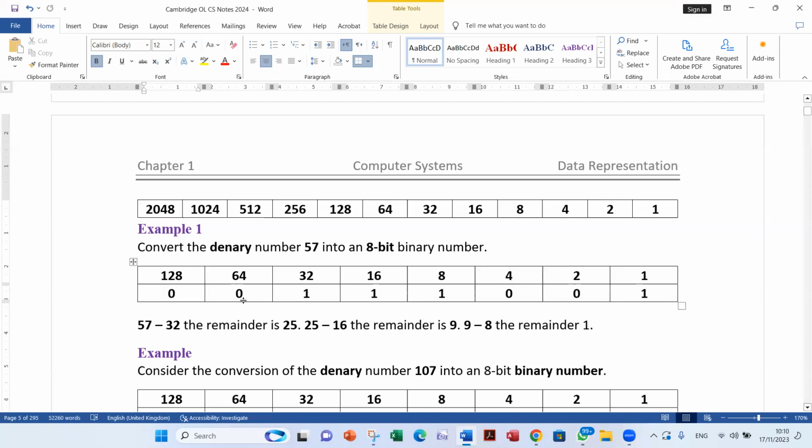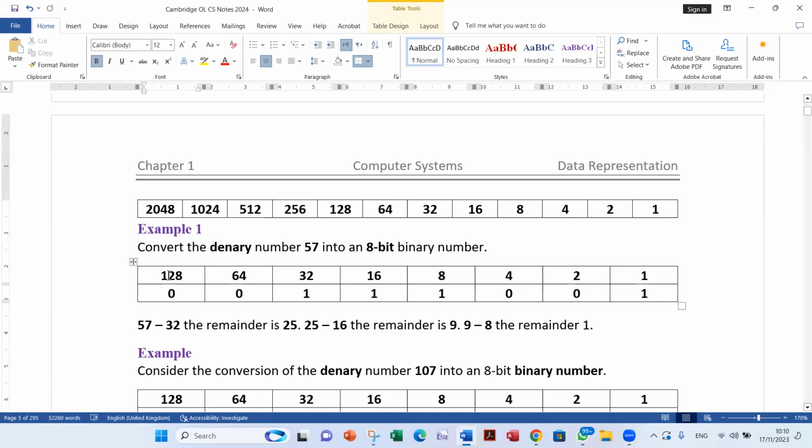If you omit them, maybe you don't get all the marks. The weights are 1, 2, 4, 8, 16, 32, 64, 128. I cannot afford to put 1 under the 128. Why? Because I only have 107. So put 0 underneath. The 64, you must put a 1 under and subtract.